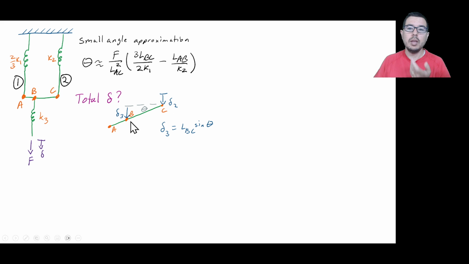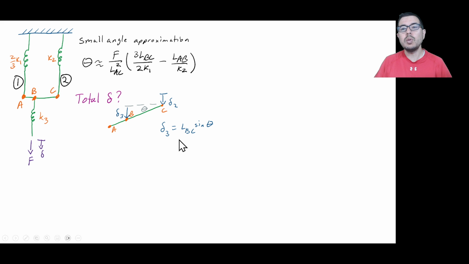To describe what's happening at B, we're going to have whatever displacement we had in C plus the displacement that we have at B, and then plus the additional displacement of what's happening through this bar, the one with spring constant K3.